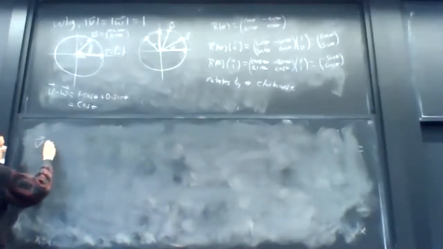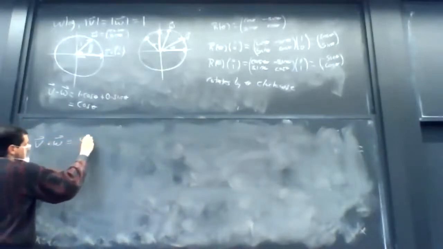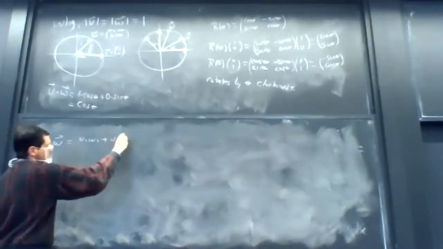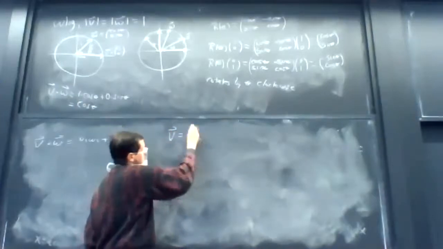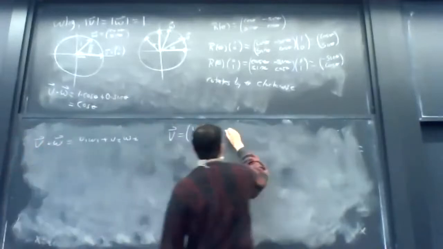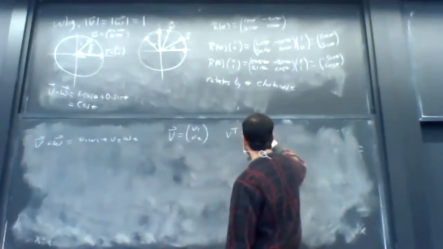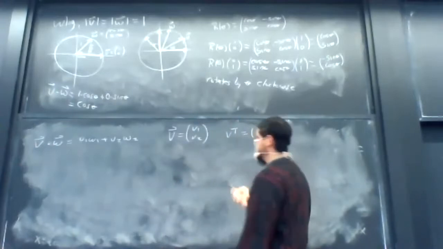So V dot W is V1 W1 plus V2 W2. And one way to view all this is, if I give you V, we write V as a column vector. But we can also look at it as a row vector, and we use the transpose to switch the columns and the rows.